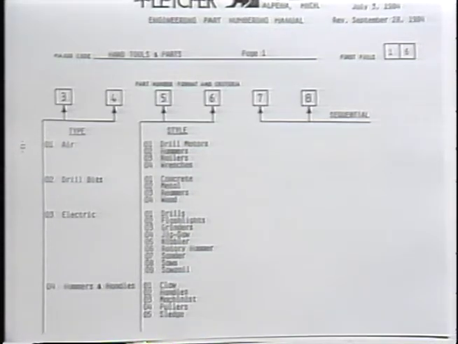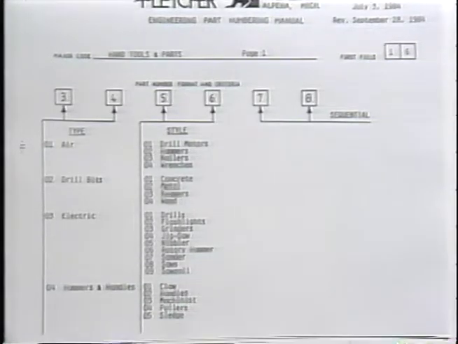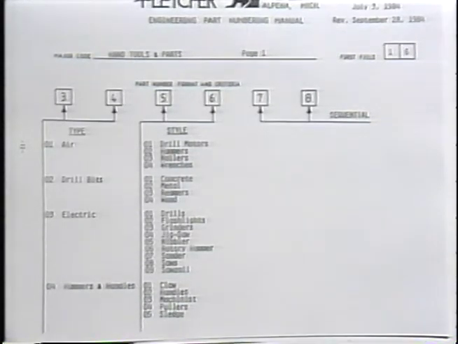Now, in this case, there are several types of hand tools and parts. So you will notice, starting with the second field, digits 3 and 4, 01 is air, and the third field, or I would call that the second subclassification, represents the style of that particular type. Now, this type and style terminology was selected by this company.